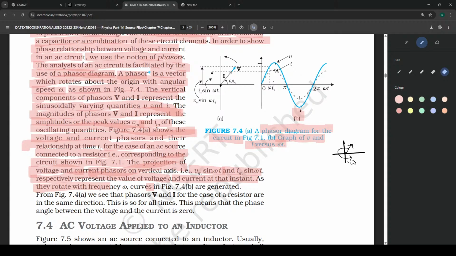As they rotate with frequency omega, curves in figure 7.4b are generated. From 7.4a, we see that phasors V and I for the case of resistor are in the same direction, and so for all times. This means that the phase angle between the voltage and current is zero. Basically, what I just said before has all been repeated here.